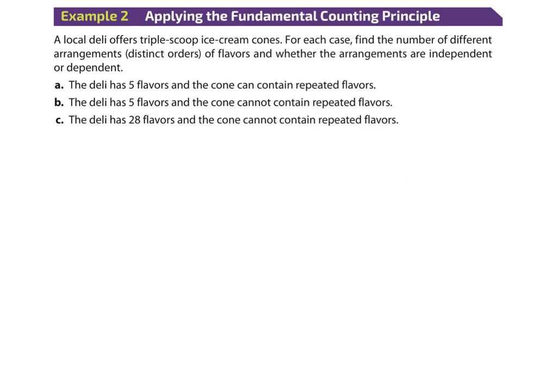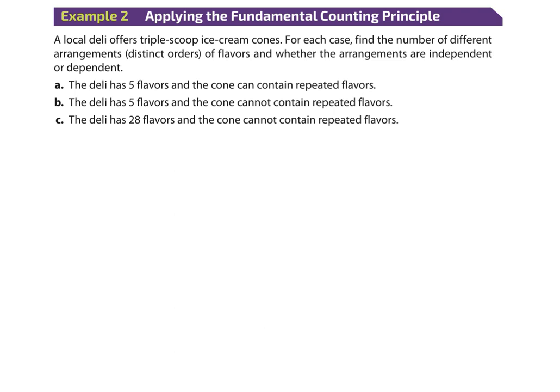It says a local deli offers triple scoop ice cream cones. For each case, find the number of different arrangements or distinct orders of flavors and whether they are independent or dependent. The first one, the deli has 5 flavors and the cone can contain repeated flavors. Are those independent or dependent on each other? Independent. They're independent.